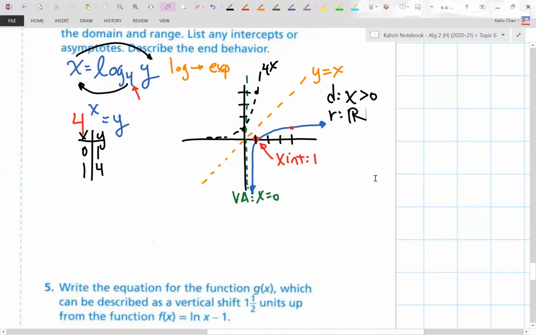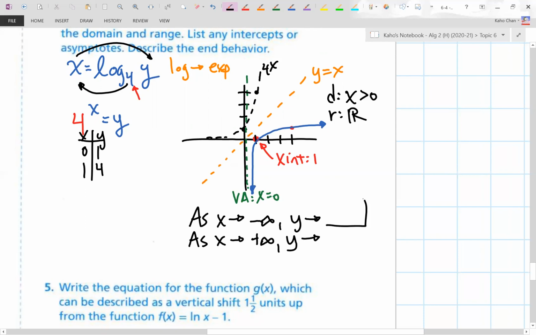End behavior, we've done that a few times already. As x approaches negative infinity on the left, and as x approaches positive infinity on the right, what happens to the y value? That infinity looks kind of funny. Better change that.